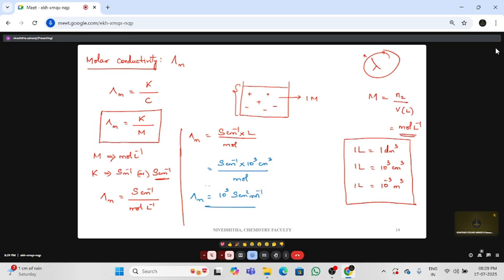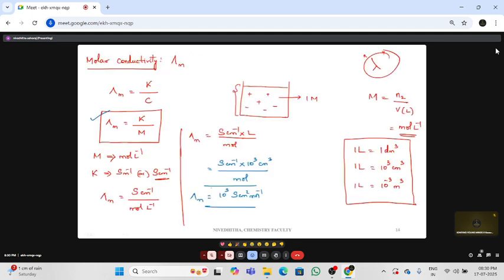So I'm going to use this unit and 10 power 3 in the main formula. So what is the final formula? Lambda m is equal to kappa divided by molarity into 10 power 3, which is 1000, and the unit is Siemens centimeter square per mole. That's it.